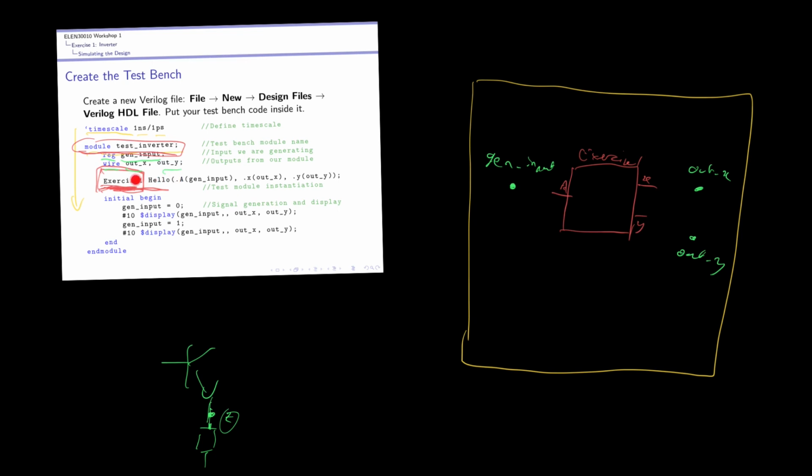The wiring up of this chip: I've created this chip, and I need to tell Verilog how to wire it up into my virtual chip here. The safe way of doing it is the way it's done here. When we created module exercise 1, we gave it an input called A and outputs called X and Y. And A, X and Y must correspond exactly with the names we used when we created exercise 1.